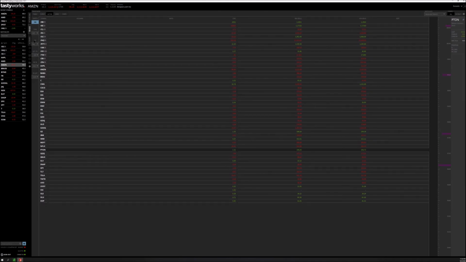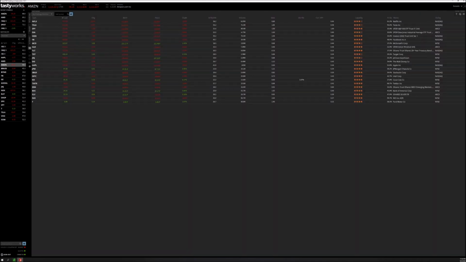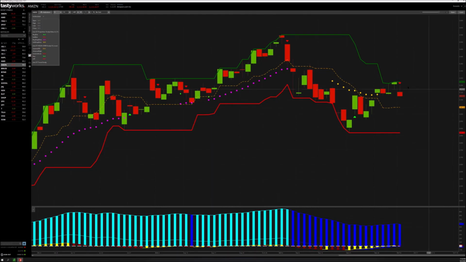But based on the chart, it still has to get above that. It's at kind of a weird place there. You have to wait for a green arrow.